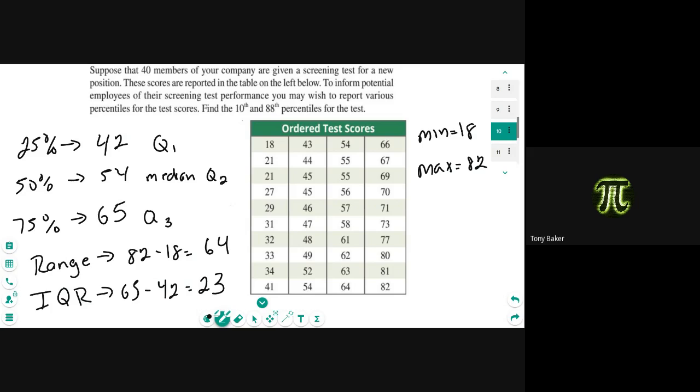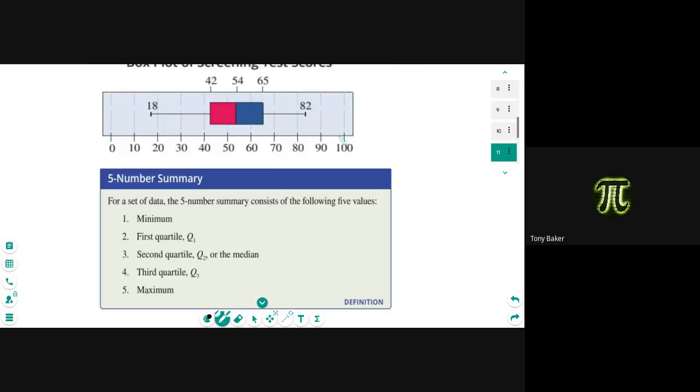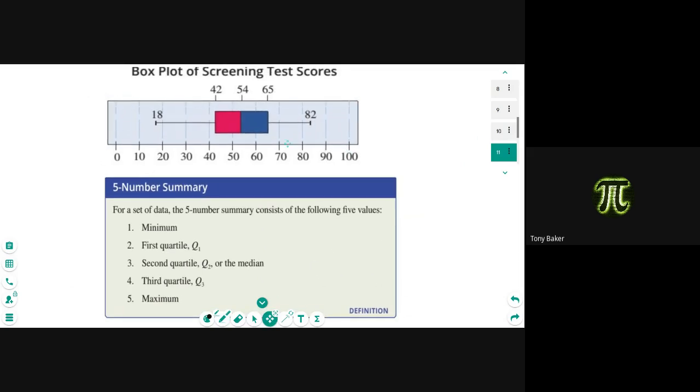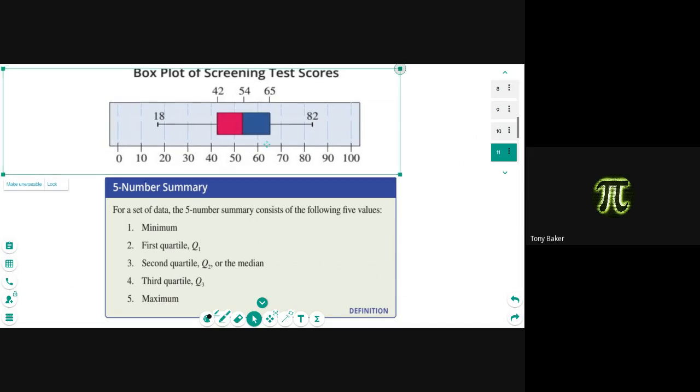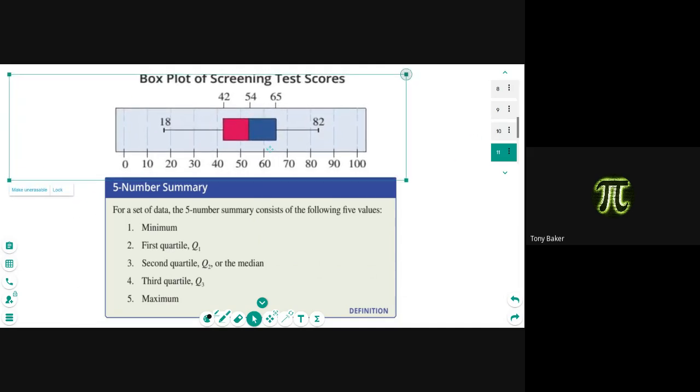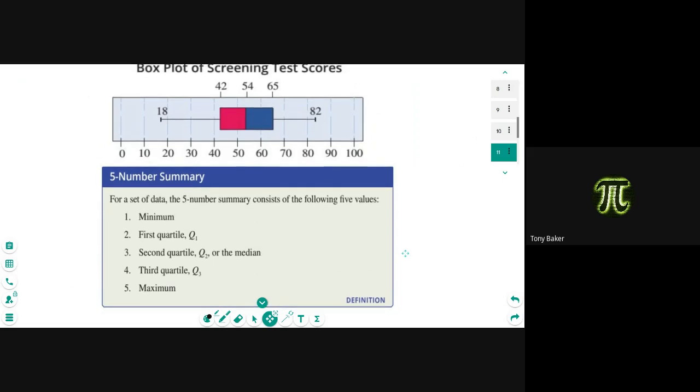Any questions on how we found any of that information? Good. So that gives me what's known as my box and whisker plot, and is also known as your 5-number summary.